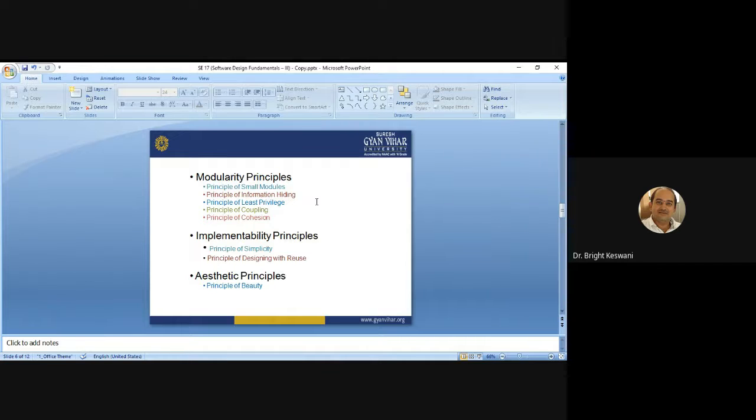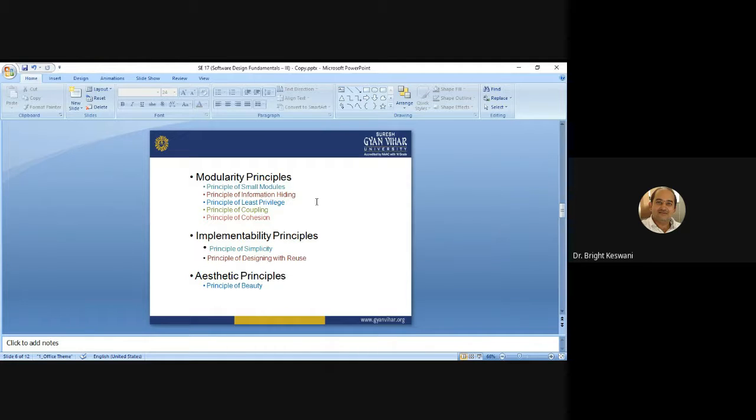Cohesive modules hold data on a single topic or related topics, perform a single job, carry out a responsibility, and have a clear role or purpose. Cohesive modules have parts that belong together. A module, all of whose parts are strongly related, is said to be cohesive or to have high cohesion. A module without strongly related parts is non-cohesive or has low cohesion.